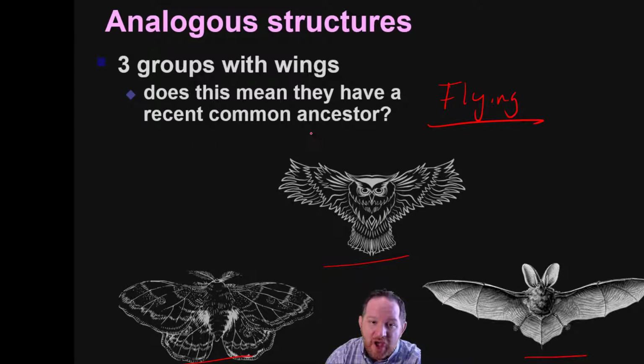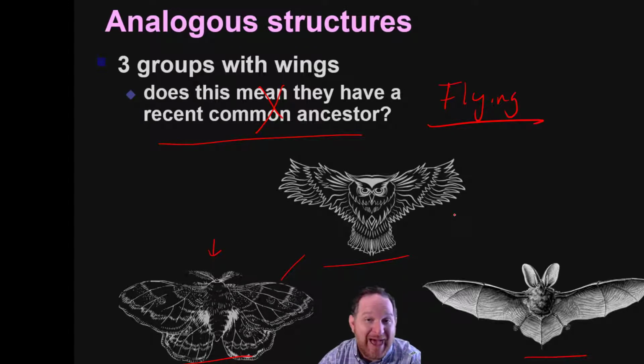These do not share a common ancestor. No common ancestor. These are what we call analogous structures: flying, wings. The bat, if you think about it, is a mammal, more closely related to us. Class Mammalia. We see birds, things that are in class Aves. These are in different categories. And of course, insects are very different from all of these. But we see similar solutions to similar problems.